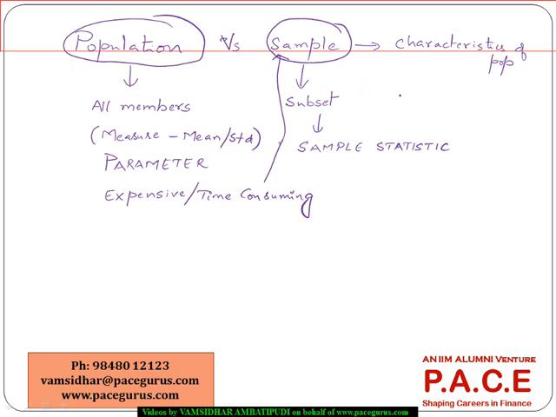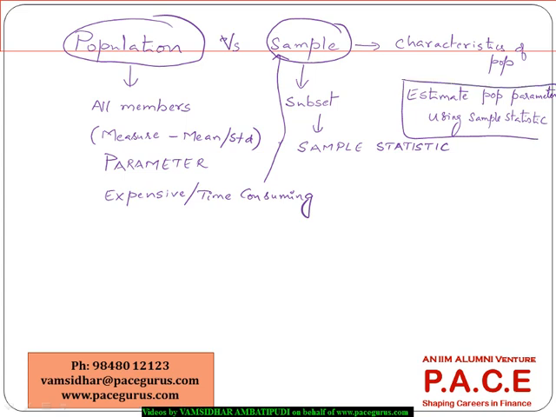So that's the understanding you need to develop between the sample and the population, and the parameter and the sample statistic, because majority of the times, in conclusion making, we try to estimate the population parameter using a sample statistic. That's the key driver in this entire inferential statistics space. We'll get into those things at a later stage.